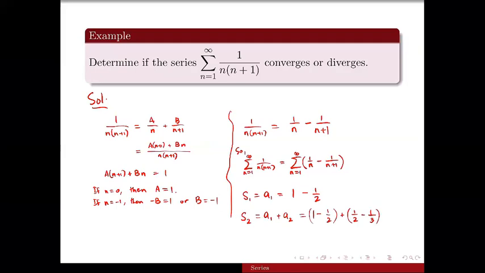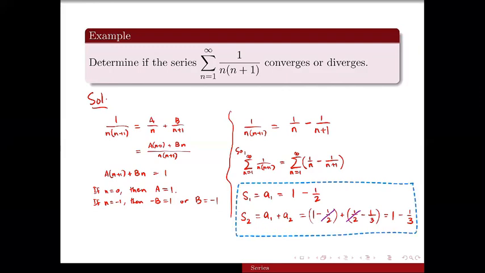And in here, observe, this is negative 1 half, this is positive 1 half. So this is simply 1 minus 1/3. Let me continue the computation on the next page.